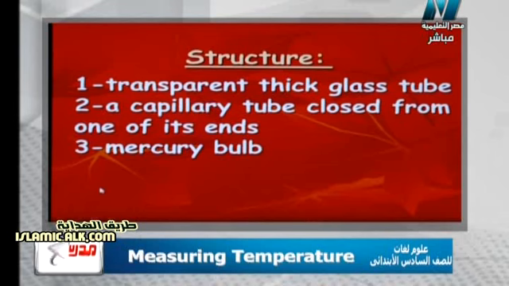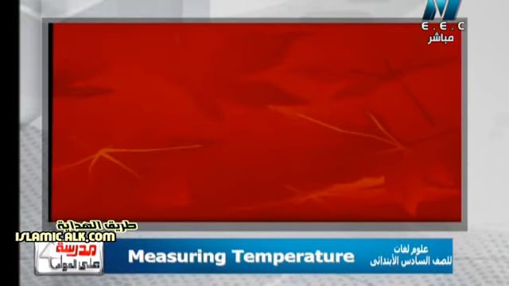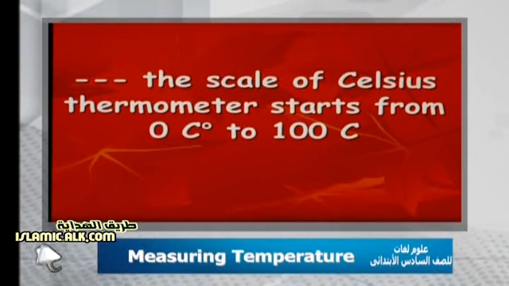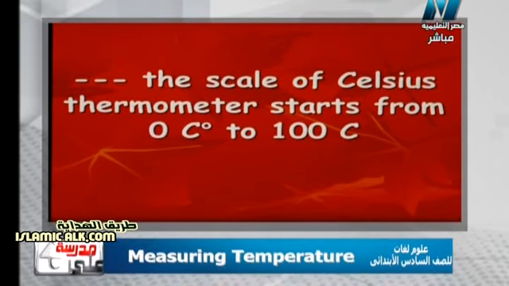So here there is no constriction. Give reason: because we don't need the constriction in the Celsius one. But why is there a constriction in the medical thermometer? Because it prevents the mercury from returning again. Okay, now an important note. The scale of the Celsius thermometer starts from what? It starts from 0 Celsius to 100 Celsius.